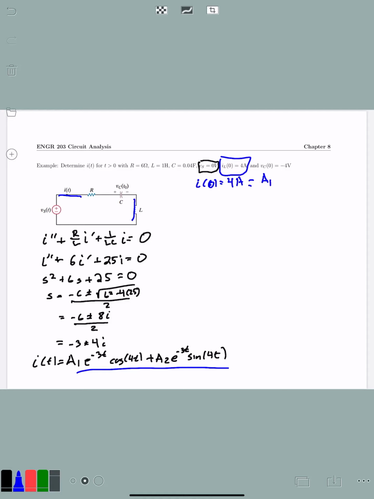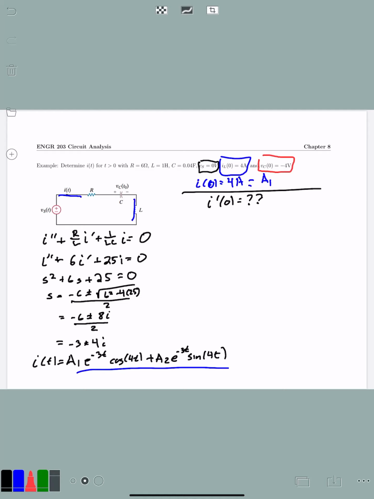That was easy enough. The a2 is going to be the real pain. If you know from Math 252, we're going to take a derivative and use that to find a2. So what we need is the value of the derivative of our unknown function at 0. That's a problem, because in our initial conditions they did not tell us that. They told us the voltage across the capacitor at 0. How are we going to compare that?